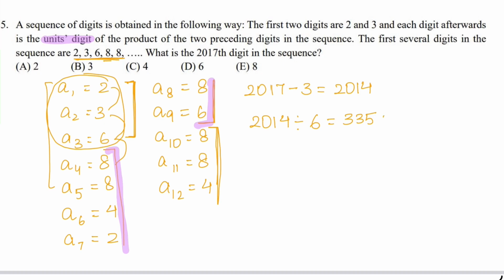So that means that 4 is indicating that we are going to look at the fourth number in our sequence. The fourth number in our sequence is 2, in 8842. That means it's A7, which we're looking at. So my answer is going to be 2.